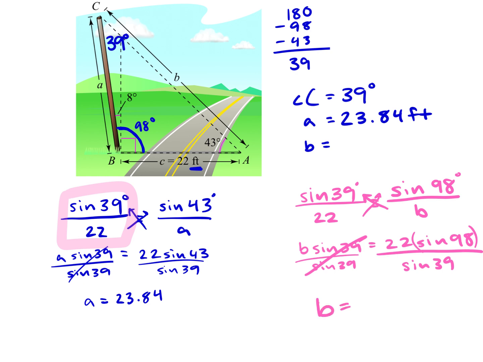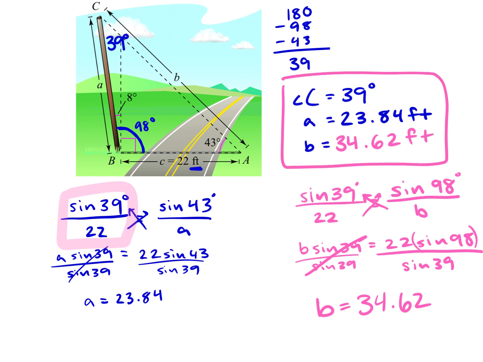So 22 times sine of 98 equals, divided by sine of 39. What do we get? Awesome, 34.62. So 34.62 what? Feet. Perfect. So these were the three missing pieces of information that we needed to find.